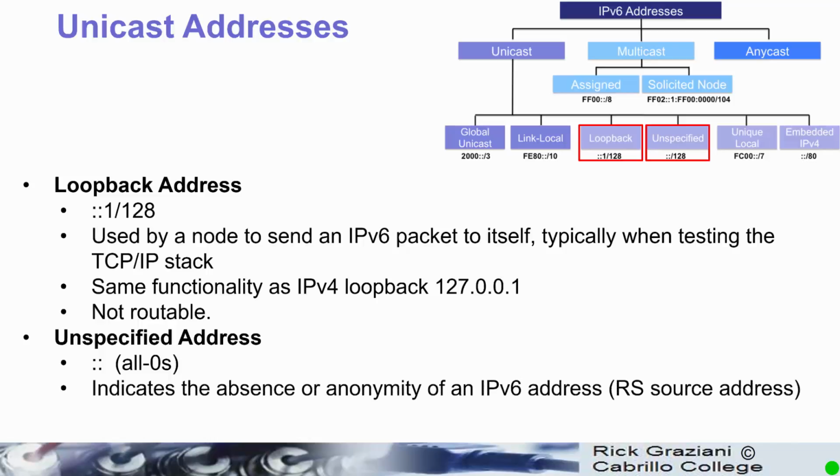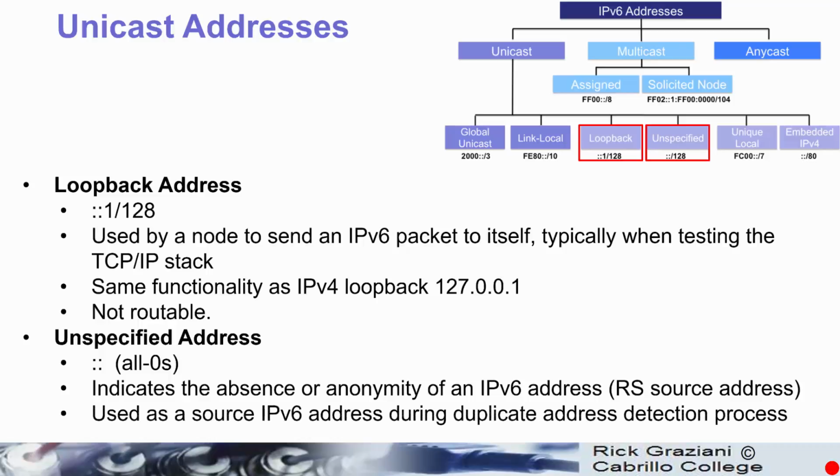The unspecified address is all zeros. It indicates the absence of an address. It's used as a source IP version 6 address during the duplicate address detection process. The primary use of the unspecified address is for the neighbor discovery process, specifically during the duplicate address detection process.